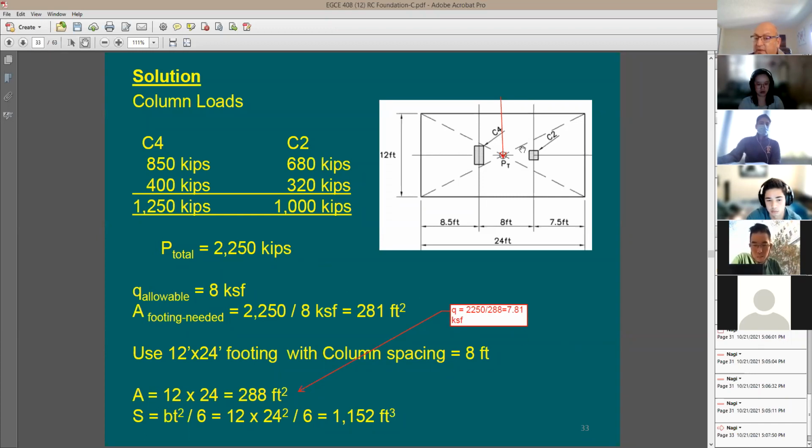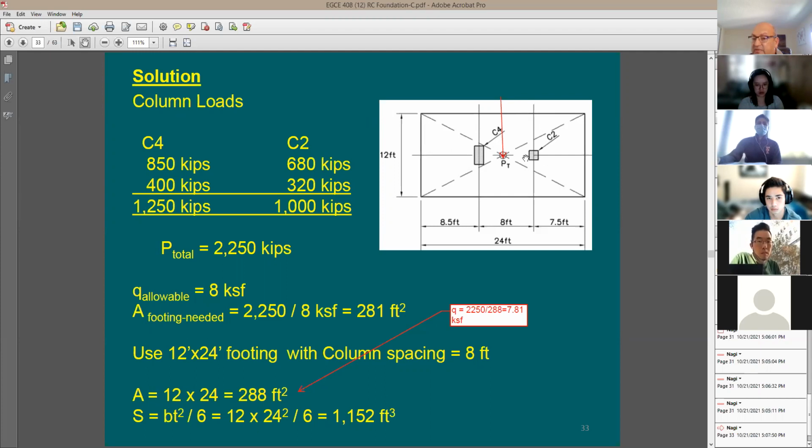But now I'm concerned about any additional moment. But you know what? If you put the resultant right in the center of the footing, you don't have any moment. Because when you look at the soil pressure coming from the other side of the footing, you're going to have uniform pressure, right? The resultant is going to be right in the center of the footing. If you made this 8 feet, 8 feet, 8 feet, you're going to end up with 24.